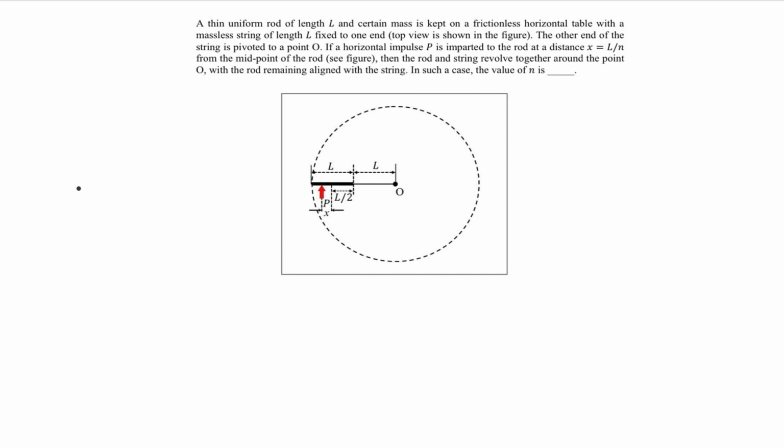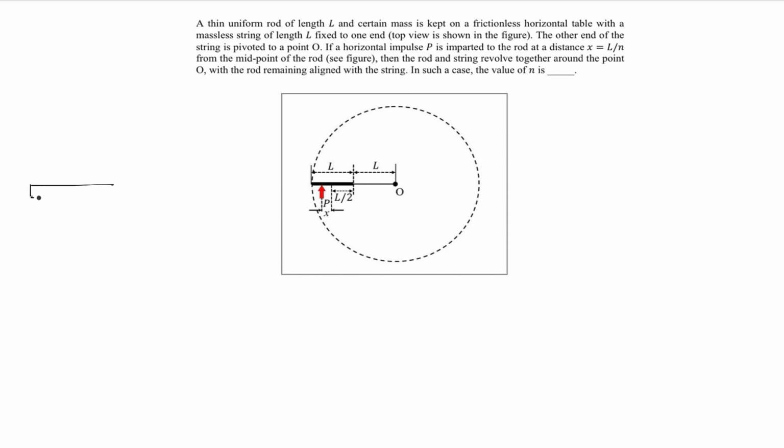So this is the constraint that is given. And we need to find at what distance from the center of the rod, which is x, this is possible. If we impart impulse P, then the rod and string always remain aligned and they start rotating.